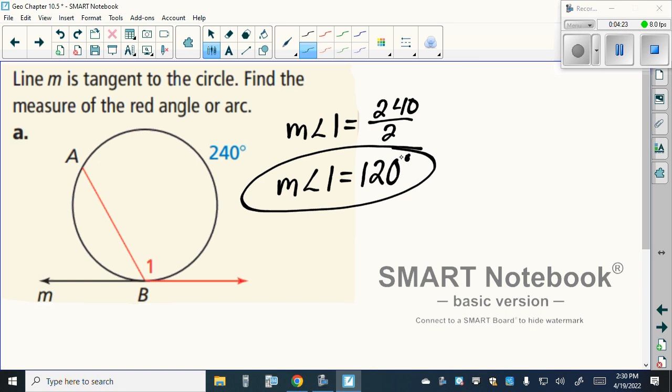Okay. Because the measure of our angle that's formed by the tangent and a chord is equal to half the measure of its arc, or going the other way around, the measure of the arc is equal to twice the angle.